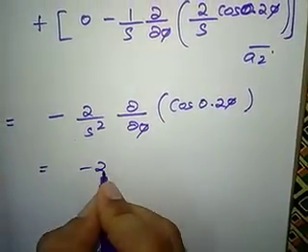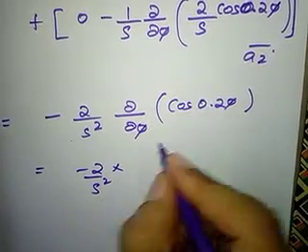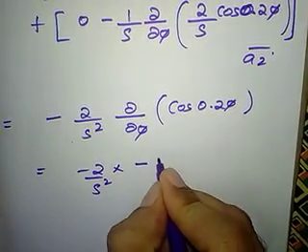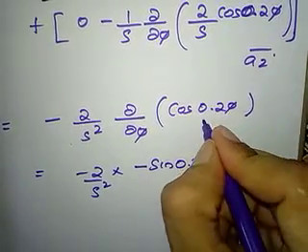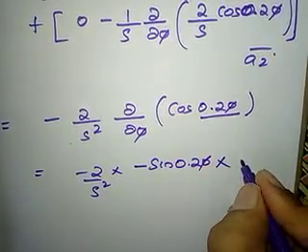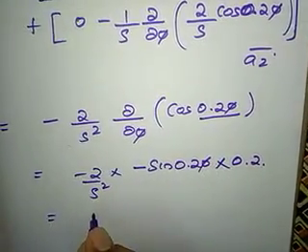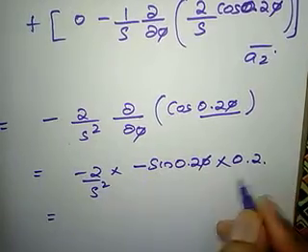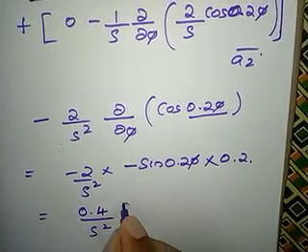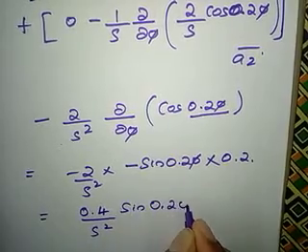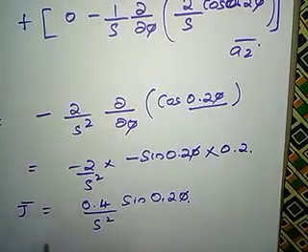This will be minus 2 by rho square into differentiation of cos theta, which is minus sin theta, so it will be minus sin 0.25 phi, into differentiation of 0.25 phi, which is 0.25. Minus into minus is plus, so this will be 2 into 0.2 is 0.4 divided by rho square into sin 0.25 phi. So this is our j bar.